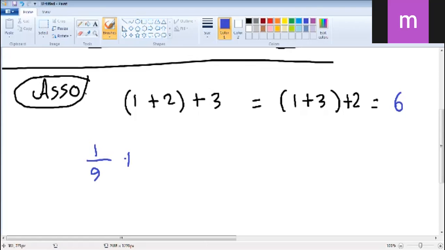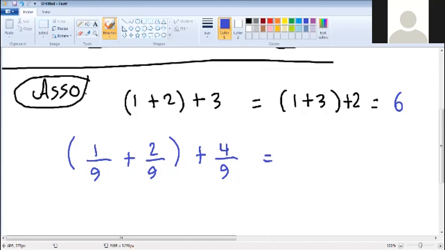Look here, we have 1/9 plus 2/9 in one bracket plus 4/9. That's what I wanted to explain for you. What is the answer of that? Add them all. Okay, 1/9 plus 2/9 equals 3/9, plus 4, 7/9.